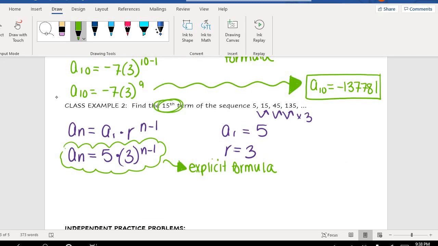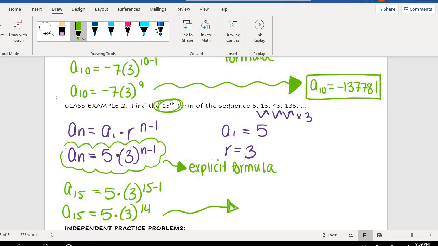So now I get to substitute in 15 for n. Alrighty, so the value of the 15th term is 5 times 3 to the 14th power.